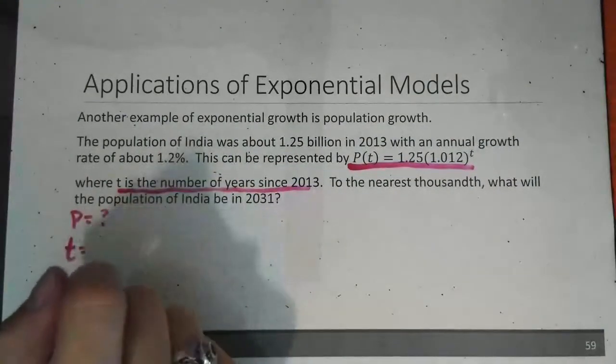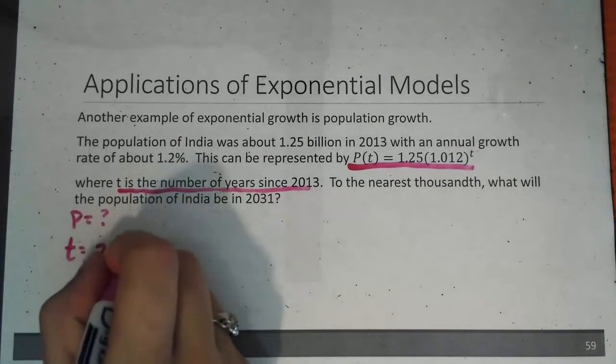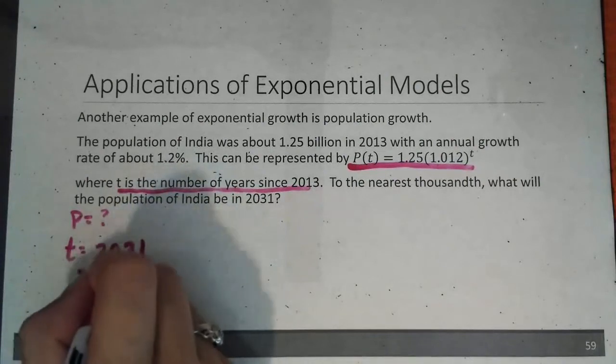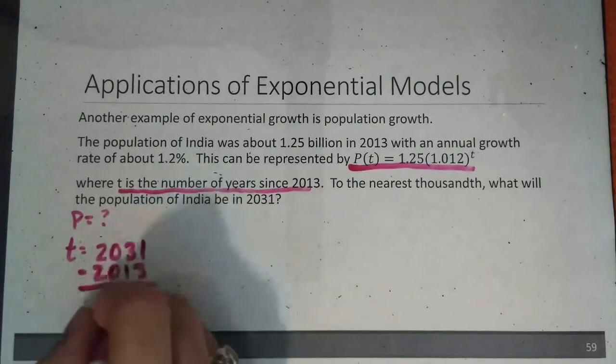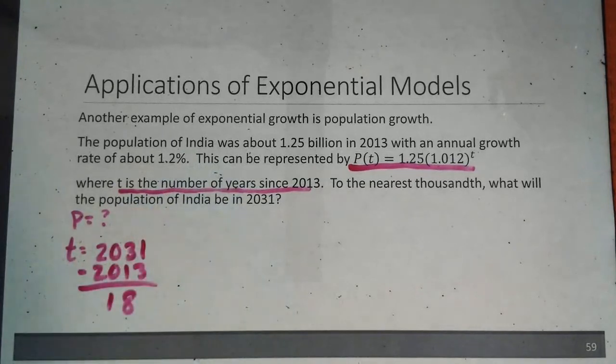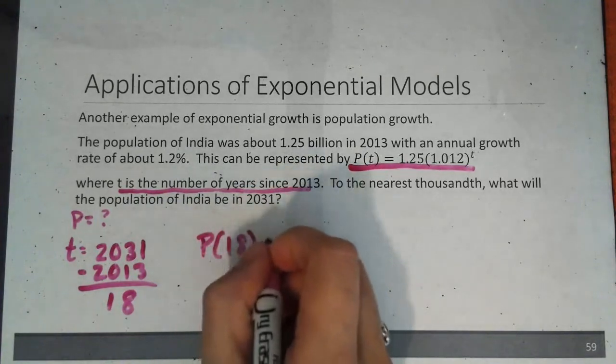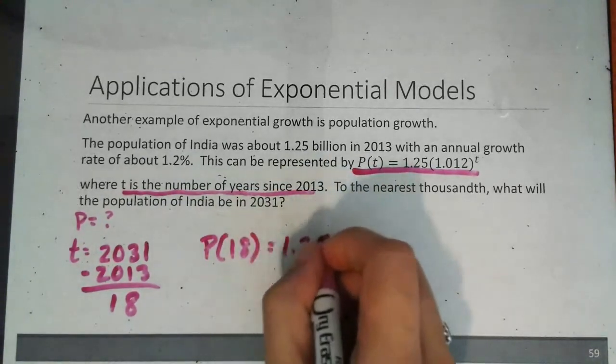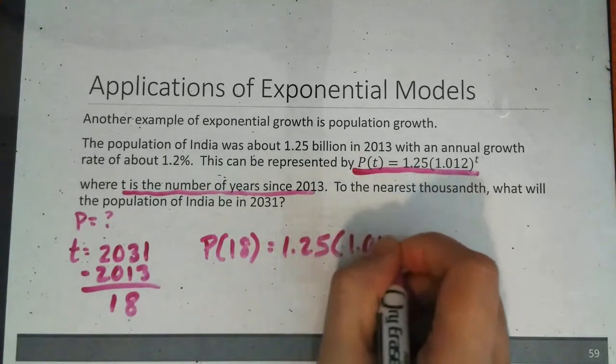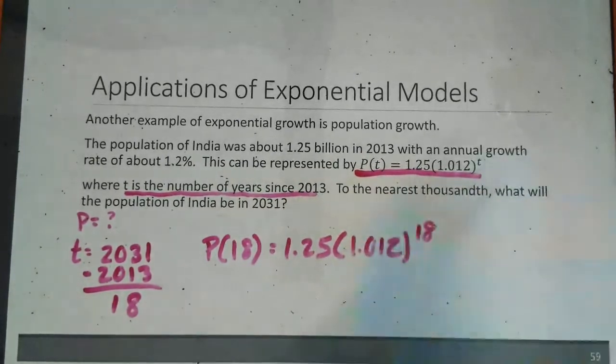So to figure out what to use for T, I can take 2031 minus 2013. I get that T is equal to 18. I'm going to plug 18 into this formula. P of 18 is equal to 1.25 times 1.012 raised to the 18th power.